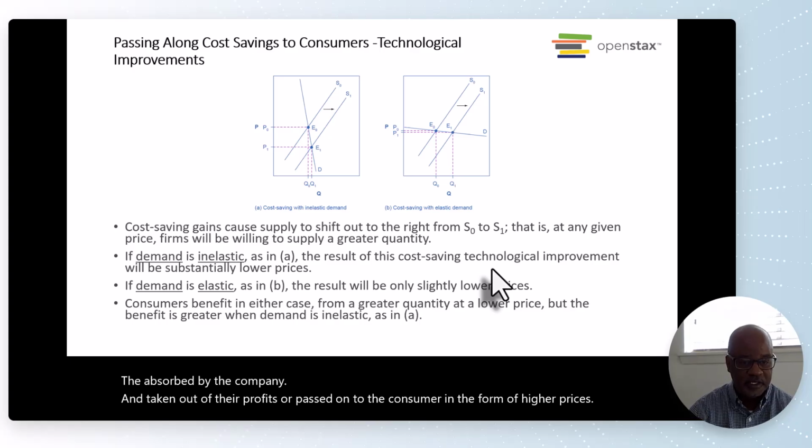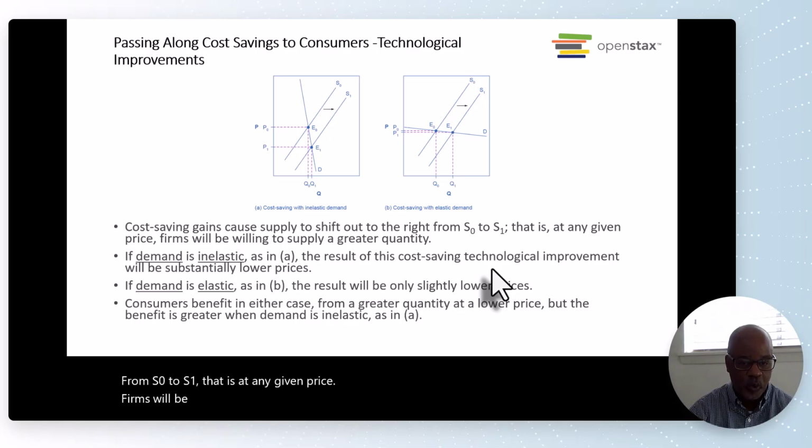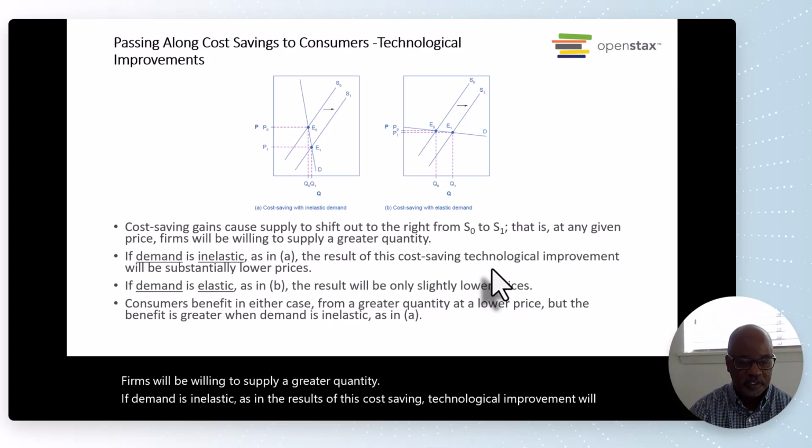Cost-saving gains cause supply to shift out to the right. We talked about that, from S0 to S1. That is, at any given price, firms will be willing to supply a greater quantity. If demand is inelastic, as in A, the result of this cost-saving technological improvement will be substantially lower prices.